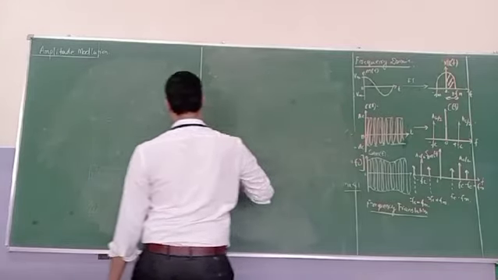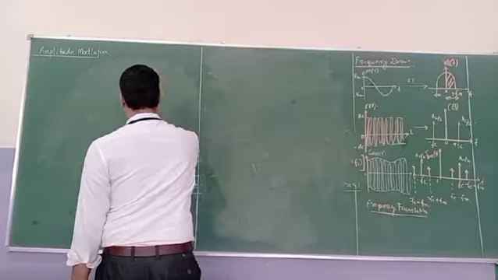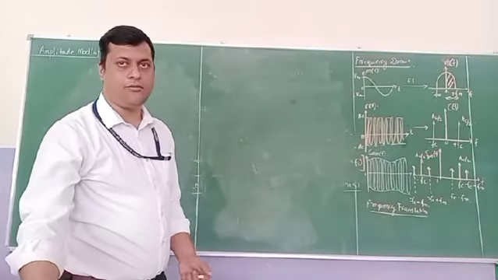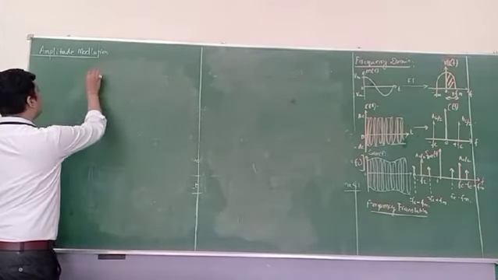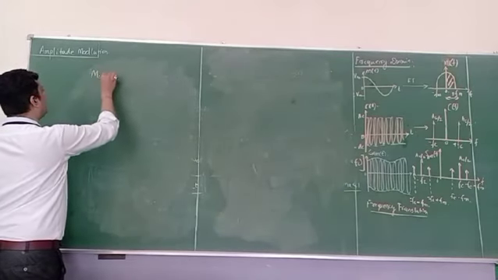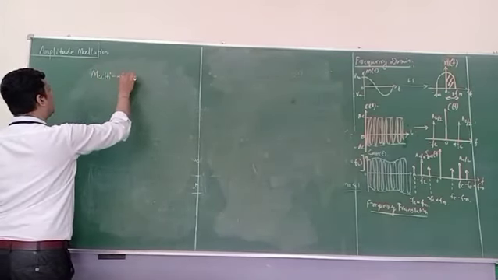So step by step we will see how these multi-tone signals are going to be represented. So first single tone is over. Now we will go for the multi-tone signal.